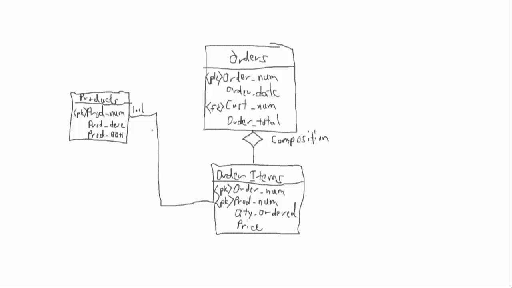And of course, for any product in the product table, it may show up 0 times on any order items. We may never get that product ordered, but it could also be ordered many times. So we now have our linking table for the orders side of things to take care of our database needs.